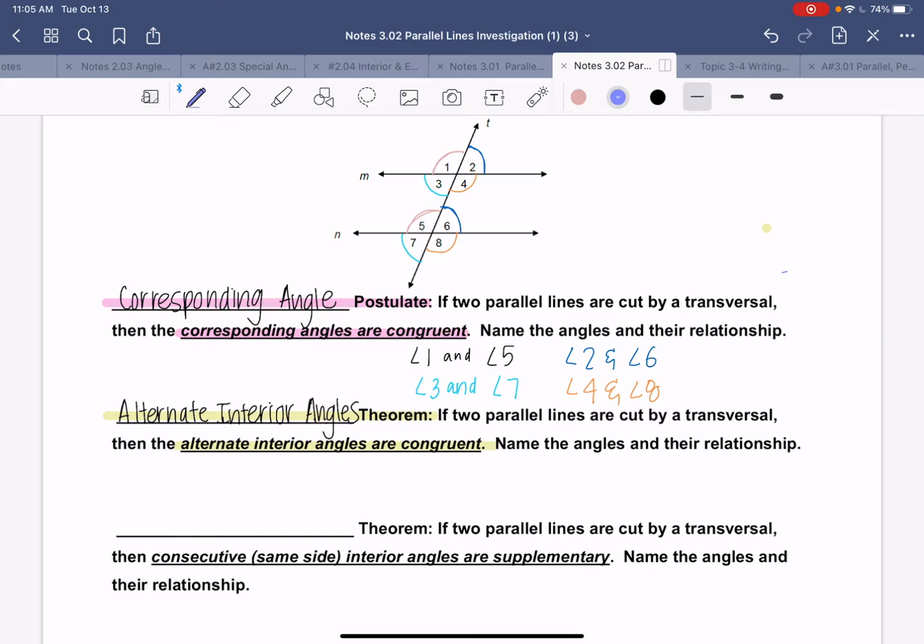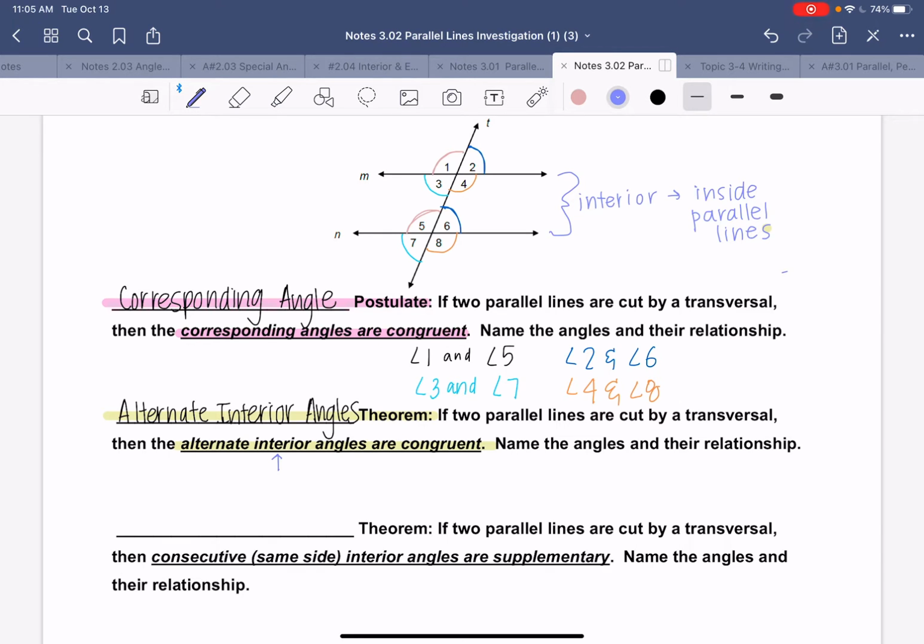Alternate means like switched, like opposite. Interior means it has to be inside the parallel lines. So we're looking at angles 3, 4, 5, and 6.